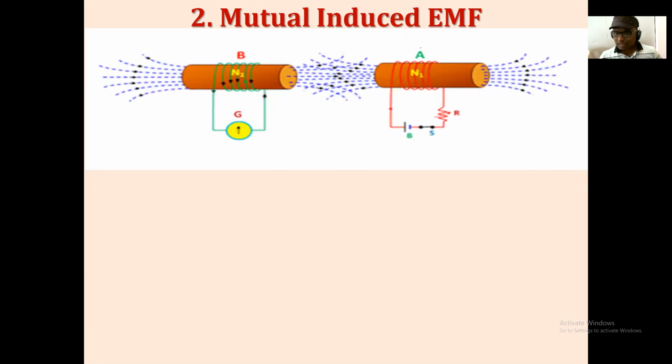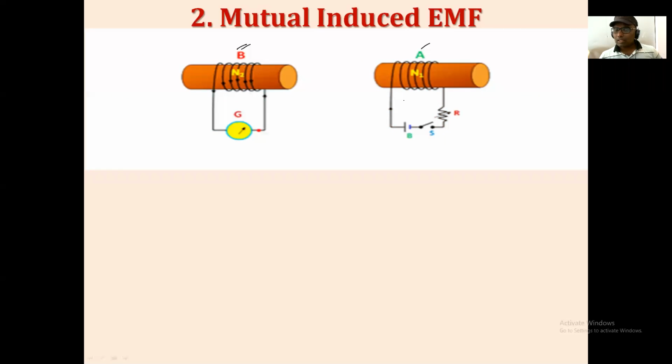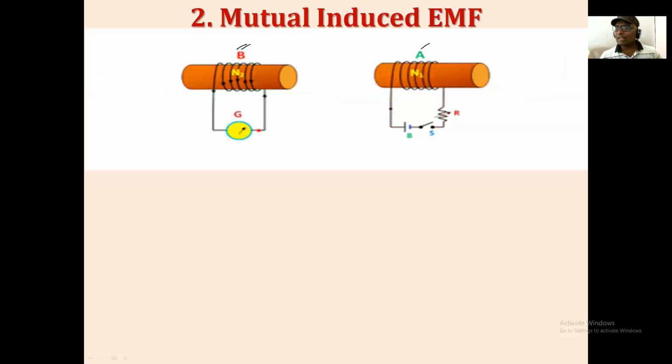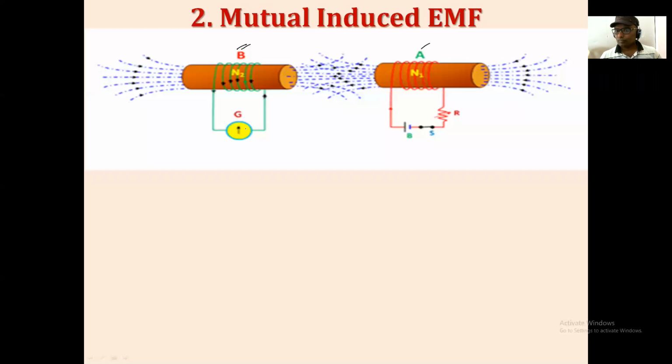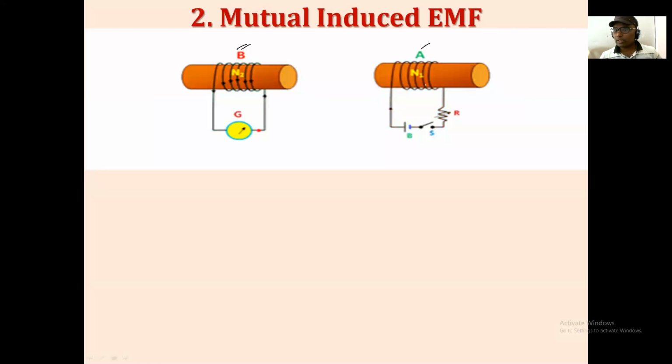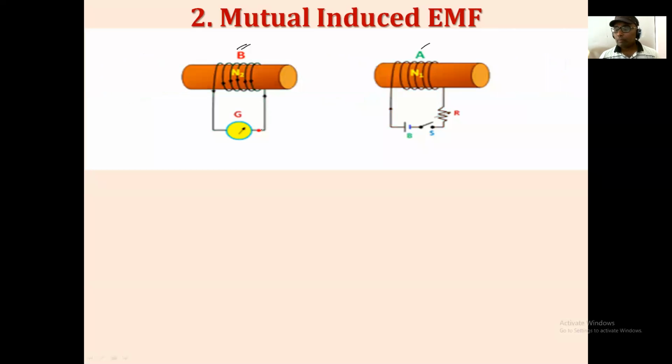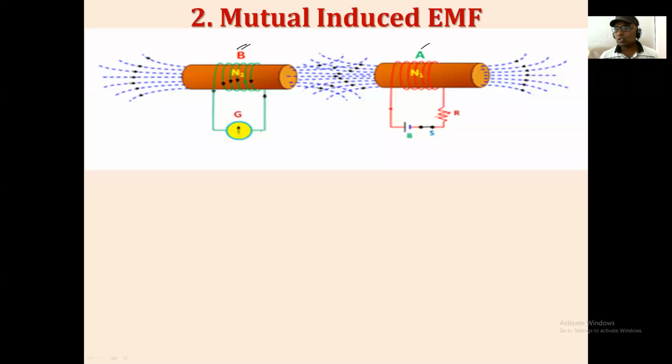Here I consider this as solenoid A and this one as solenoid B. Solenoid A is connected with the battery, switch and variable resistor, but solenoid B is simply connected with the galvanometer. Solenoid A is connected to the battery, but solenoid B is simply connected to the galvanometer. And both these solenoids are placed near one another.